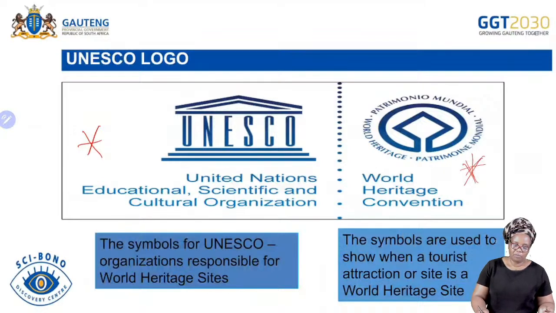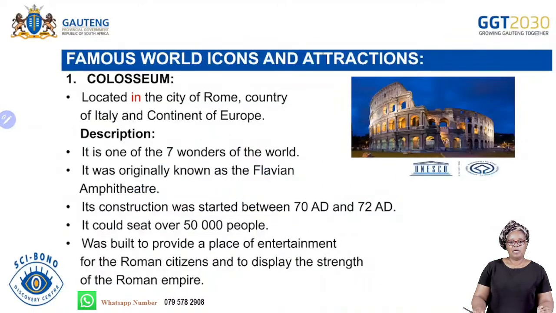We have the two symbols. Also here, the tourists will be able to know that this attraction or site is a World Heritage Site. So the two will be placed side by side next to the name of the icon. Like here, you can see here.